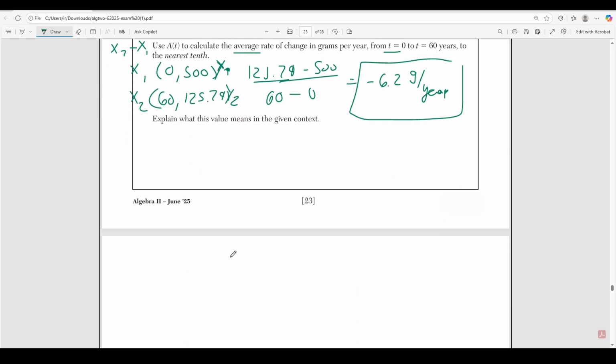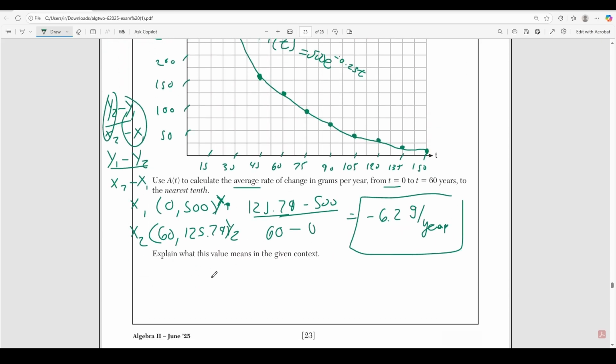And now they want us to explain what this value means given the context. So you can say that the average rate of change is the average amount that you were changing by in a given interval.